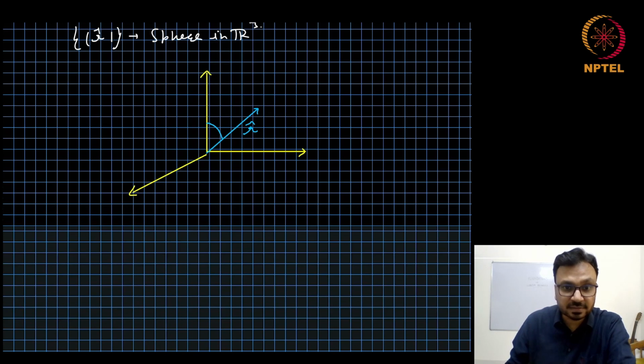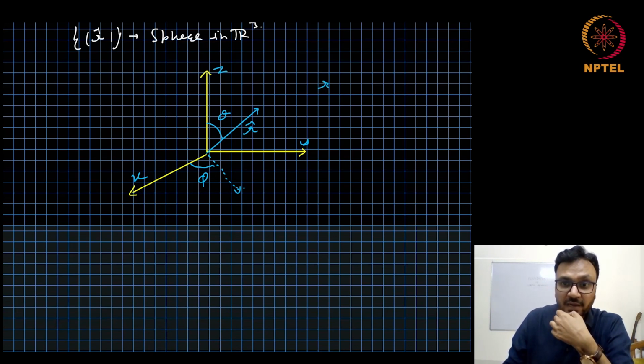This is the x-axis, this is the y-axis, this is the z-axis. The angle of the R vector with the z-axis is theta, and its projection in the xy plane makes an angle phi with the x-axis.